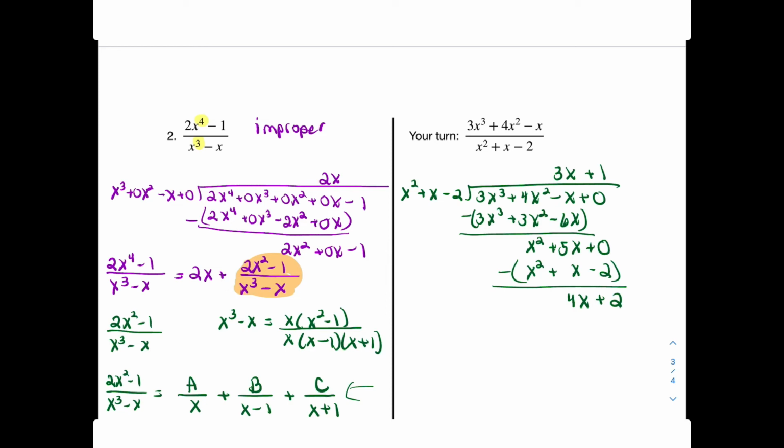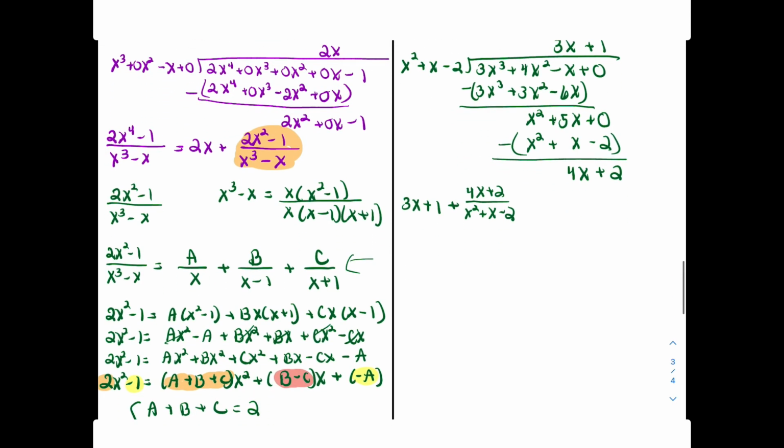So by doing the long division on this rational function, I can rewrite it as 3x plus 1, plus (4x plus 2) divided by x squared plus x minus 2. So let's look at our fraction here.